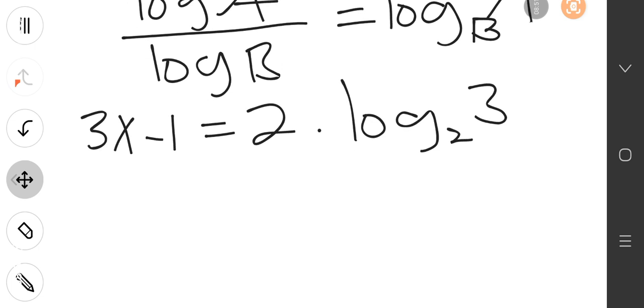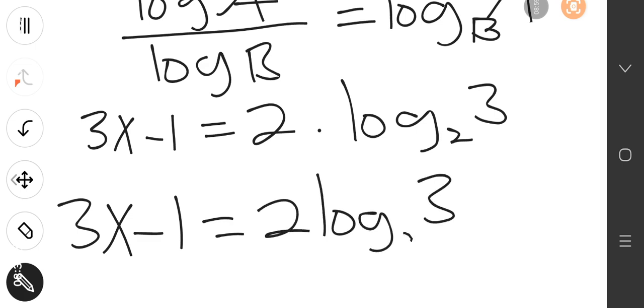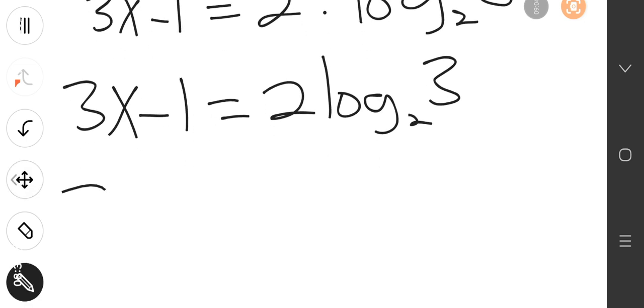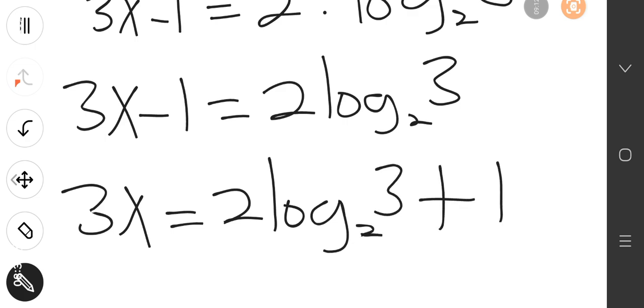So you're going to have 3x minus 1 equals 2 log 3 base 2. So our equation becomes 3x equals 2 log 3 base 2 plus 1.